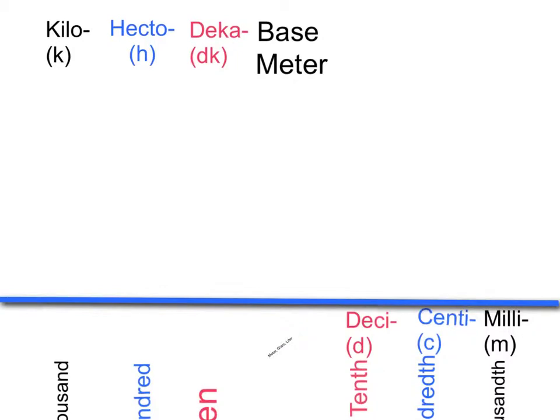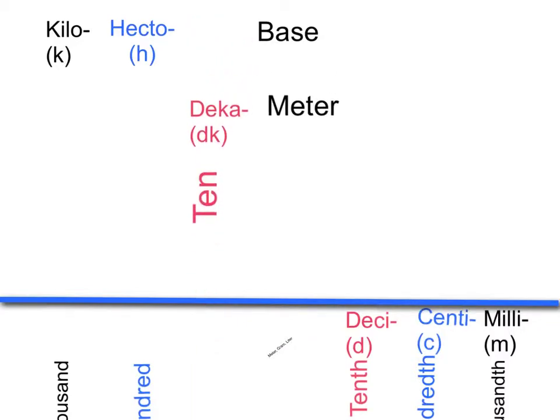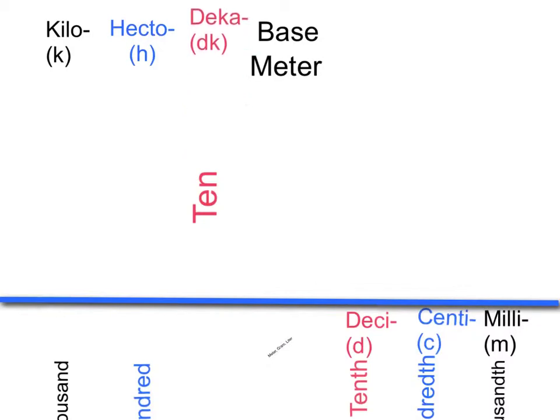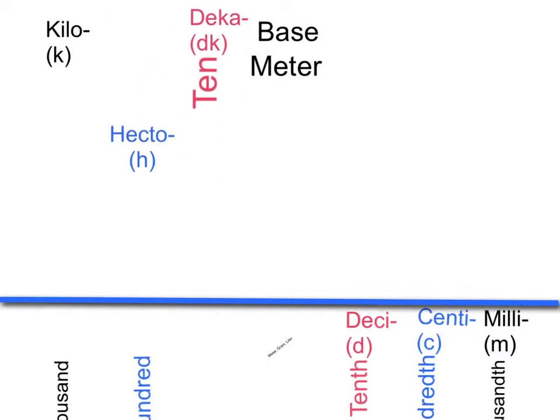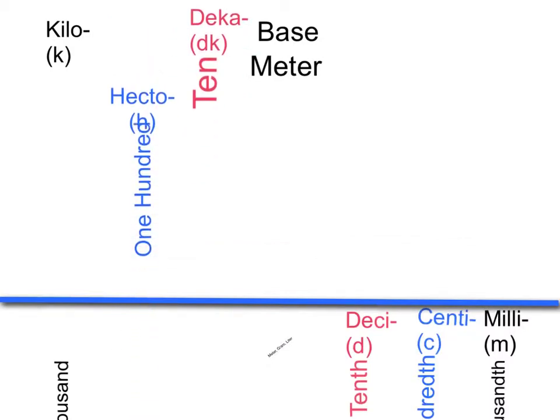Now let's talk about what each one of these prefixes means. Deca simply means 10. So, if I have a decameter, that means I have 10 meters. Hecto means 100.